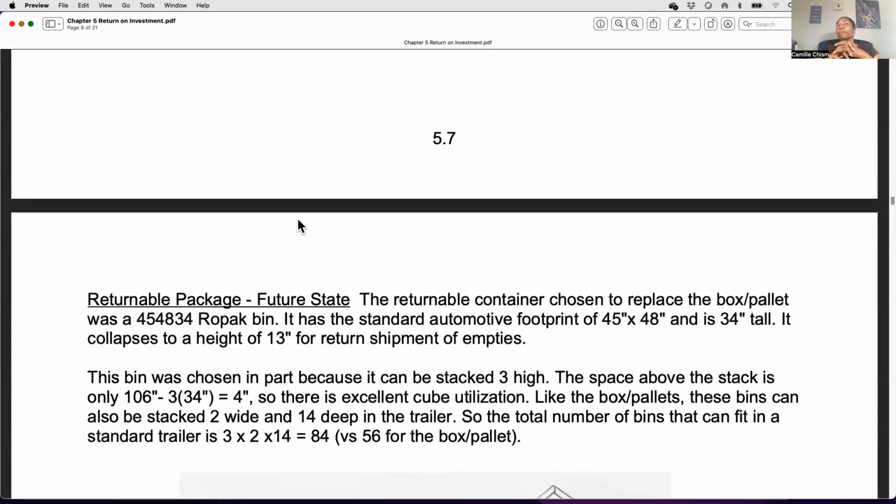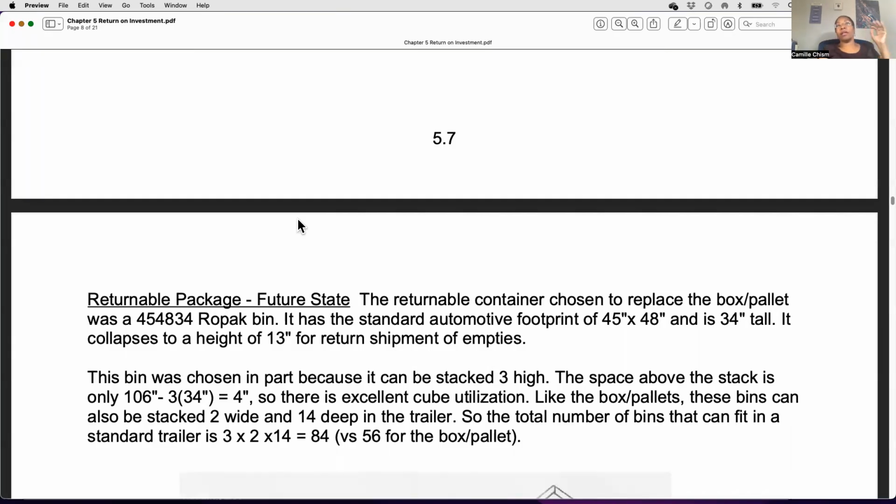Okay, so they use this bin for a couple of reasons. They have the same footprint, which is great, because when they bring these in, they're not going to have to change the storage space on the floor or in the warehouse. If they just bring this bin in and put it right near the operators on the line, they don't have to adjust the area or the size.